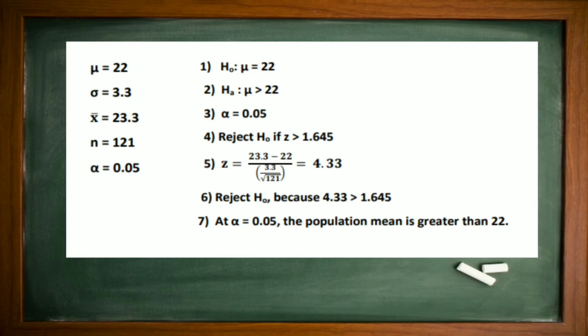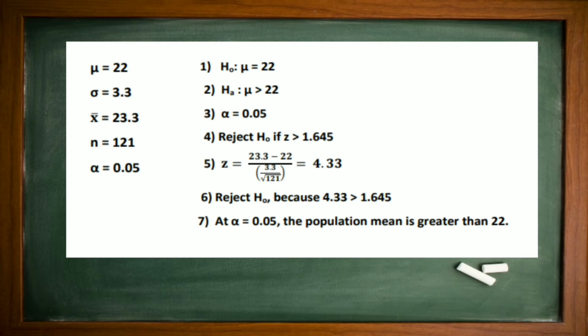Next, step 3, state the significance level. So, ayan po, meron po tayong alpha value which is 0.05. Given naman po yan. Then, step 4, determine the rejection region. So, dito po, meron na po tayong sagot.